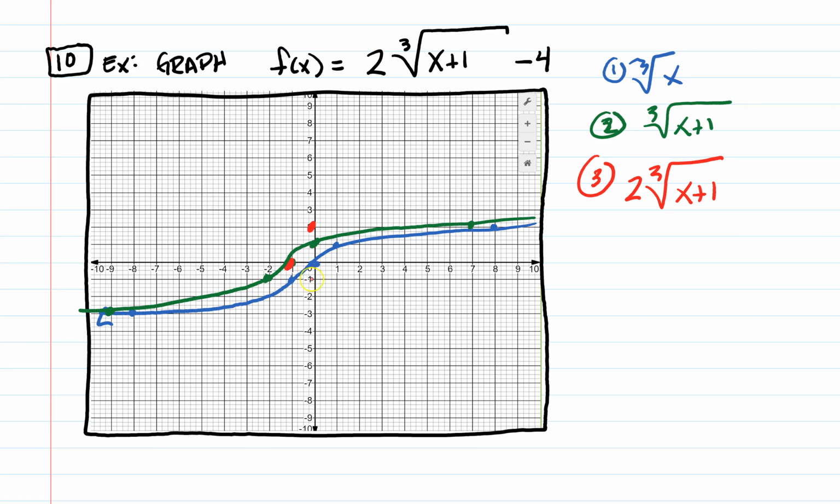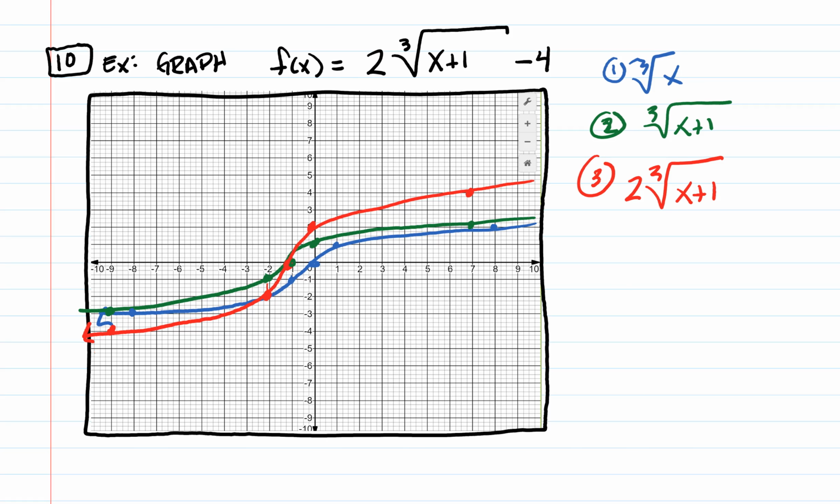This is 2, -1, so I'm going to double that, 2, -2. This is 7, 2, so I'm going to go 7, 4. And this is -9, -2, so I'm going to go -9, -4. So I'd have this graph going on right here. So it has been vertically stretched by a factor of 2.